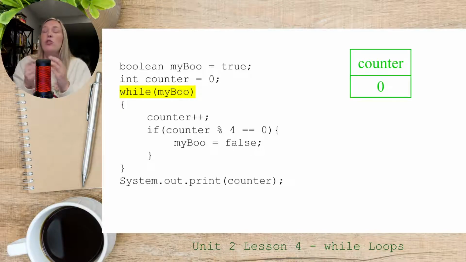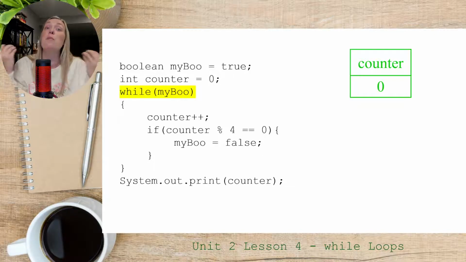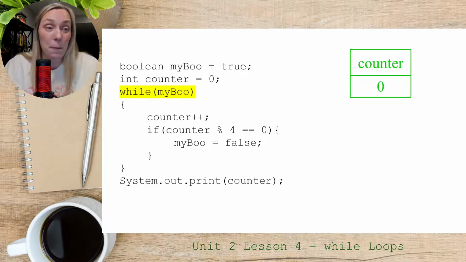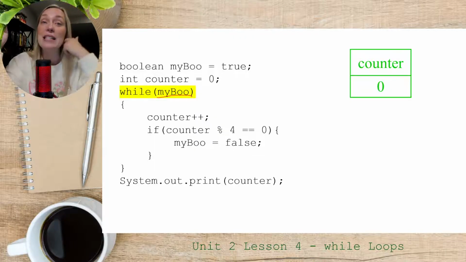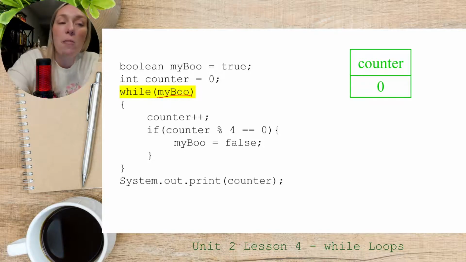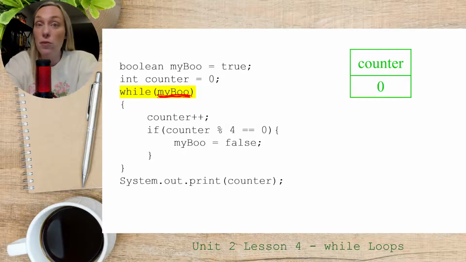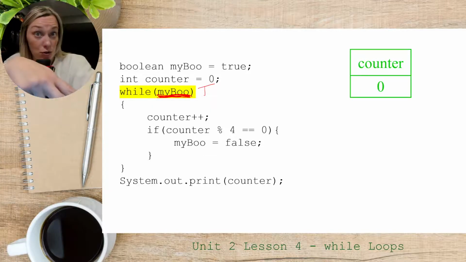Sometimes it's using those Boolean operators like the ands and the ors. And sometimes it's just using a Boolean variable, like this example. So myboo is a Boolean variable that has the value of true. So this is saying while myboo, which means while whatever myboo value is. And right now it's true.